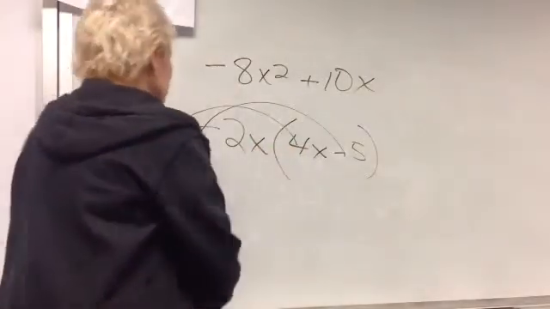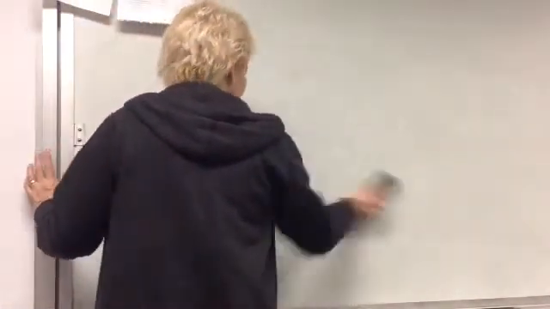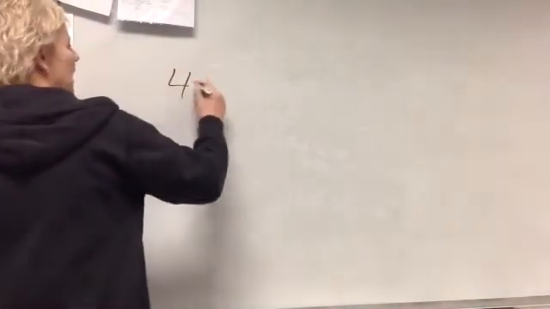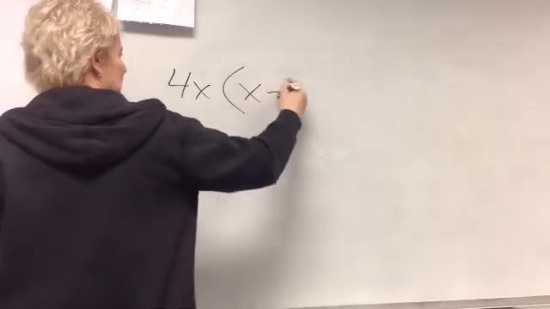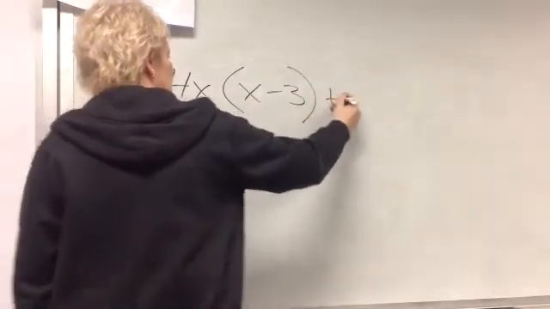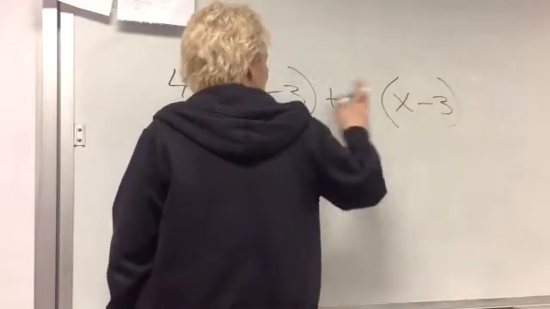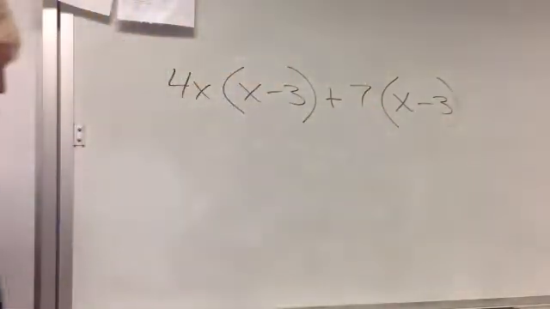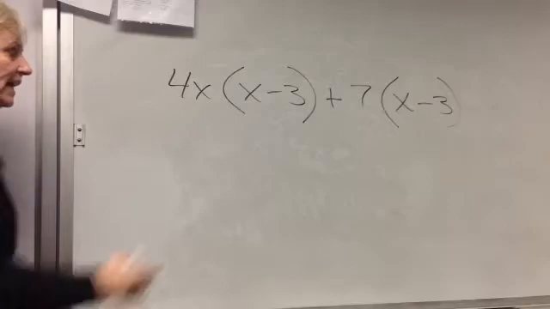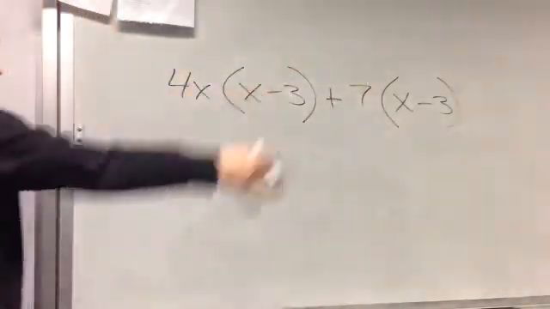Alright, we're good. Now, what I did show my class today is when you have a binomial in common. Let's say you have 4x times x minus 3 plus 7 times x minus 3. Okay, notice, what do they both have in common?